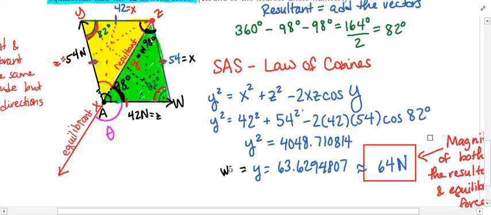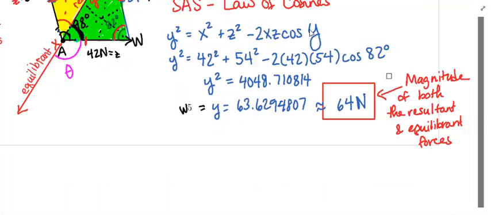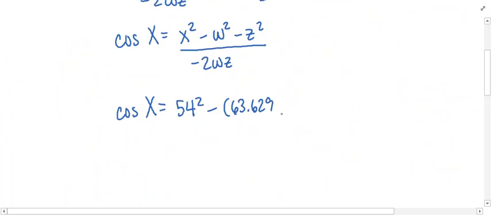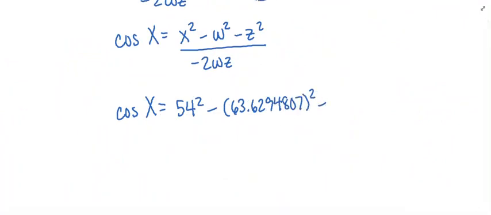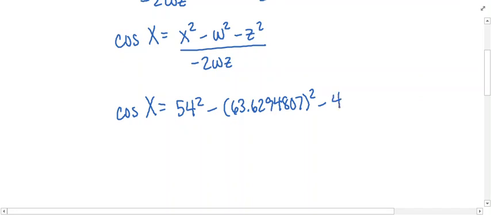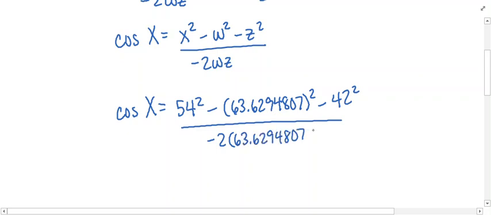For accuracy, use the full thing. Then you have to subtract out z squared. z in this case for the green triangle is 42 squared. We're dividing this by negative 2 times w, which is that decimal, times z, which is 42.